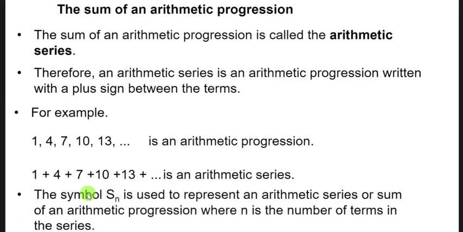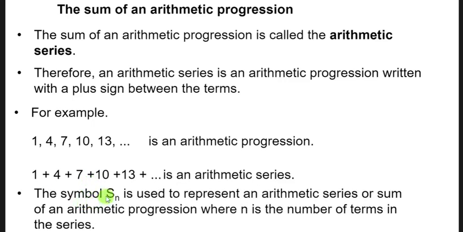The symbol Sn is used to represent an arithmetic series or sum of an arithmetic progression, where n is the number of terms in the series. For instance, how many terms do we have in this series? 1, 2, 3, 4, 5. So n in this case will be 5.